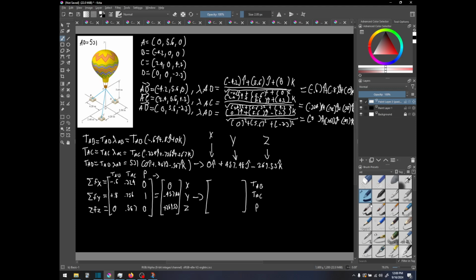And when we take matrix A and give it the inverse, multiplied by B, inverse A times B, we are getting 256, 475, and negative 1022.